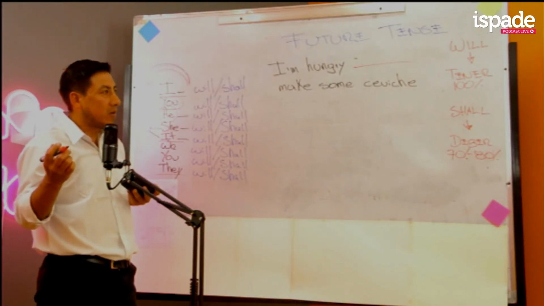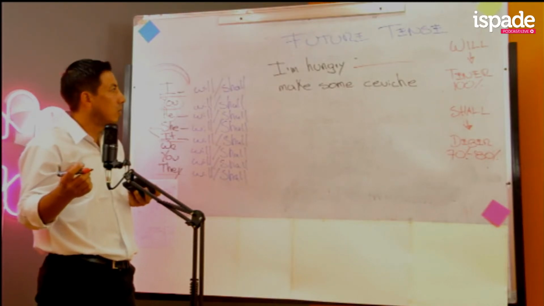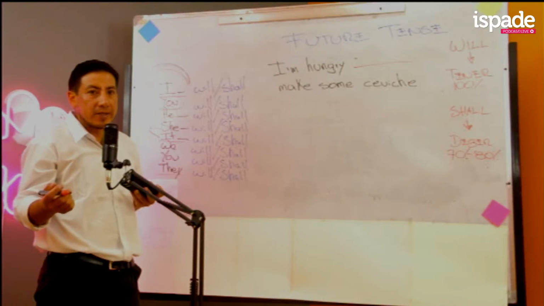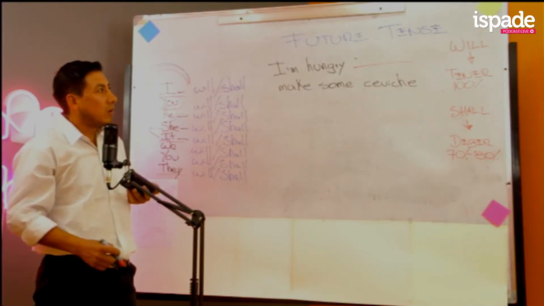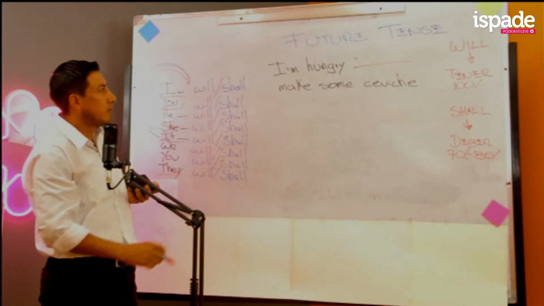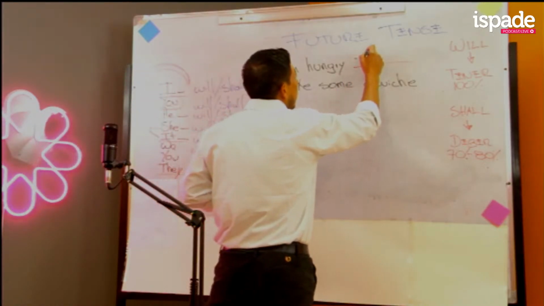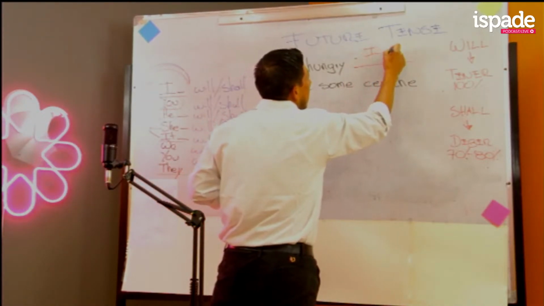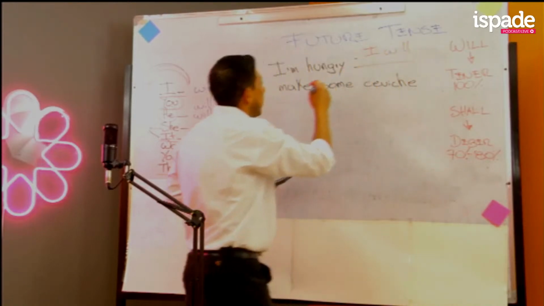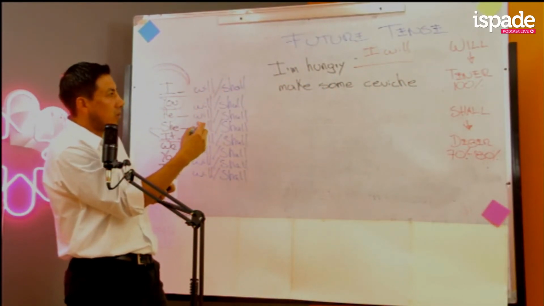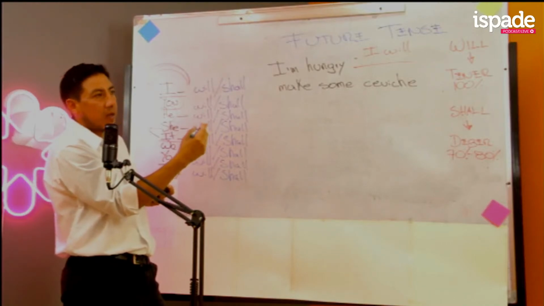Because it's obligatory. Tú tienes que comer algo porque tienes hambre, porque es una necesidad. So, we are going to use will. I'm hungry, I will make some ceviche. Yo haré algo de ceviche, yo cocinaré un ceviche.